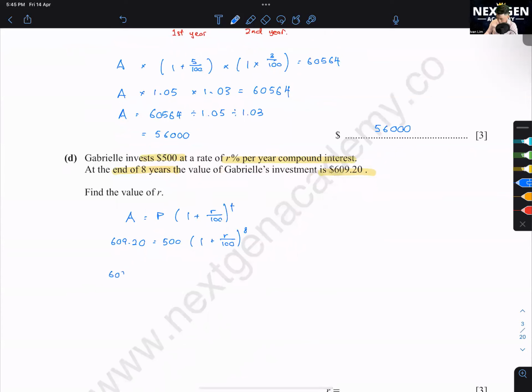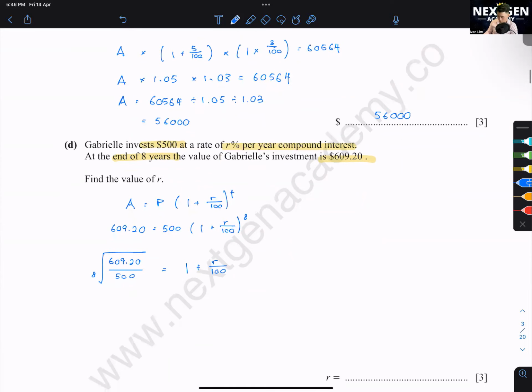So 609.20 divided by 500. Okay, we can put 8 root like this. Okay, maybe I don't do all of it. We do half of it first. 1 plus R over 100. Okay, we're going to calculate for this one first. Okay, you will get 1.025.